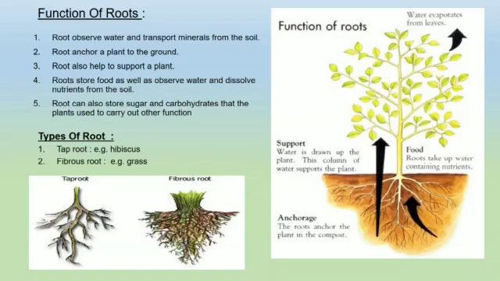Roots can also store sugar and carbohydrates that the plant uses to carry out other functions. There are two types of root: taproot and fibrous root, as shown in the picture. Taproot, for example, hibiscus, and fibrous root, for example, grass.